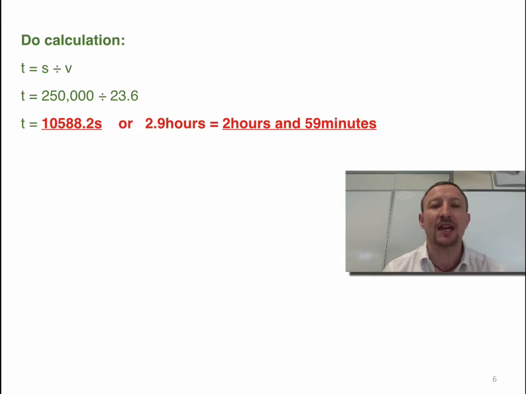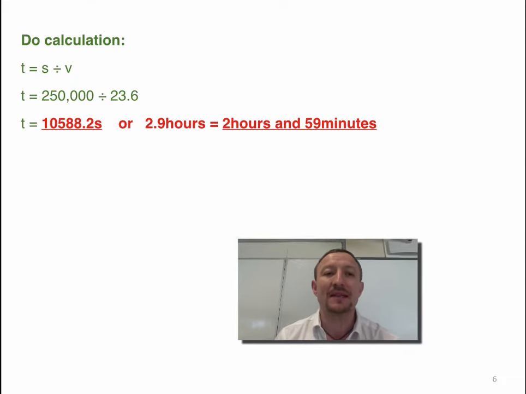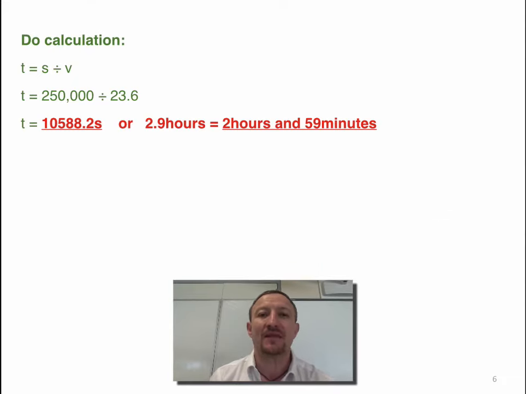So our calculation here is T equals S over V. So I know that my distance travelled was 75,000 metres, and she did that at a speed of 23.6 metres per second. Now that comes out at 10,588.2 seconds, or 2.9 hours, but 0.9 of an hour is 59 minutes. So it's 2 hours and 59 minutes.